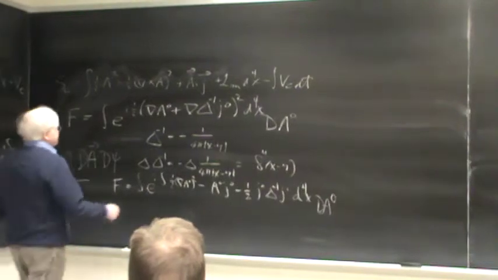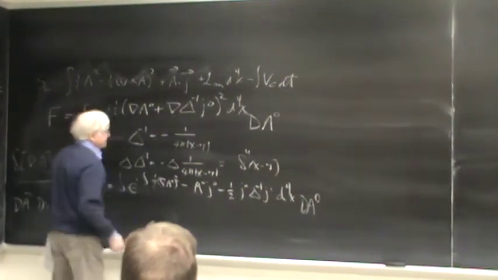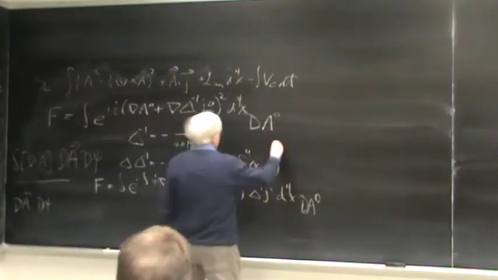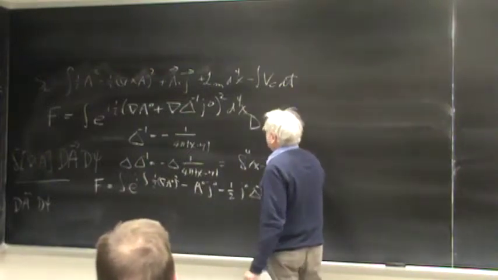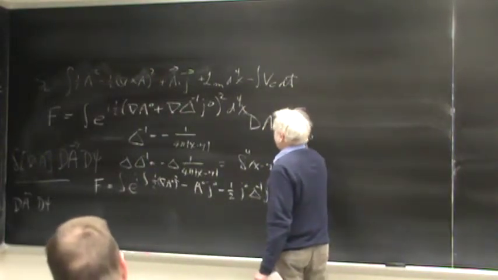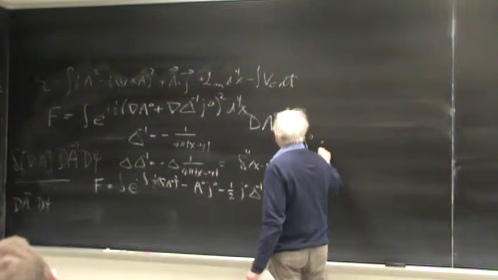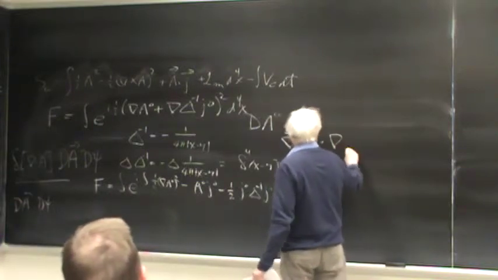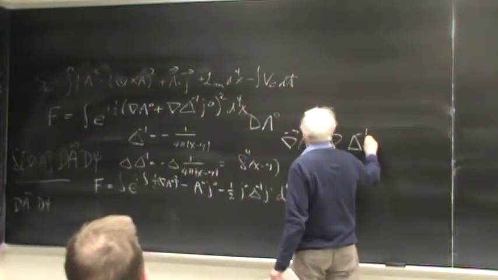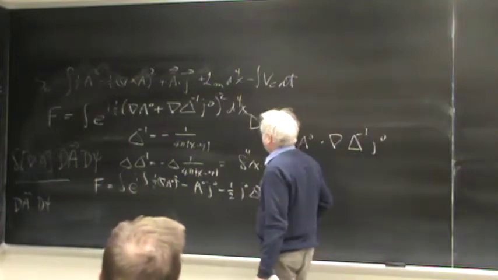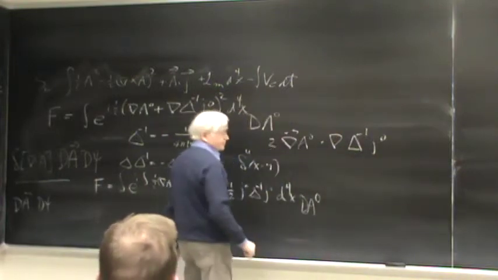Well, first of all, there's a cross term. What does the cross term look like? The cross term is grad A0 dotted into grad inverse Laplacian J0, and there would be a 2.